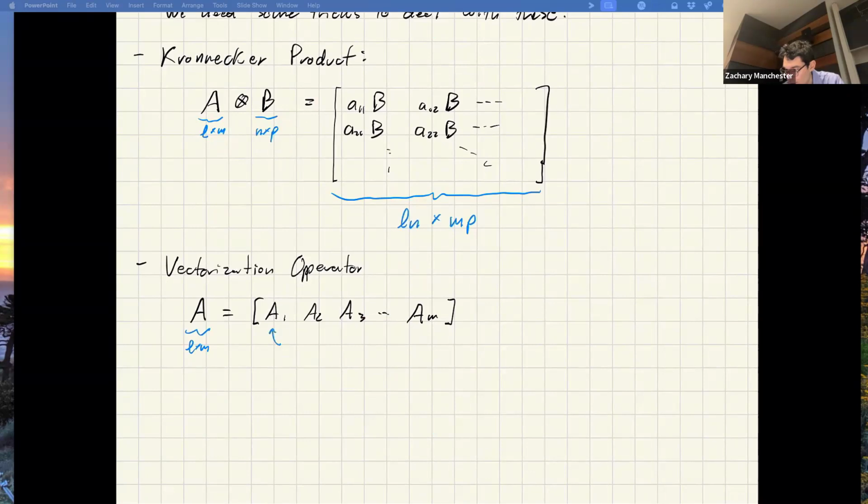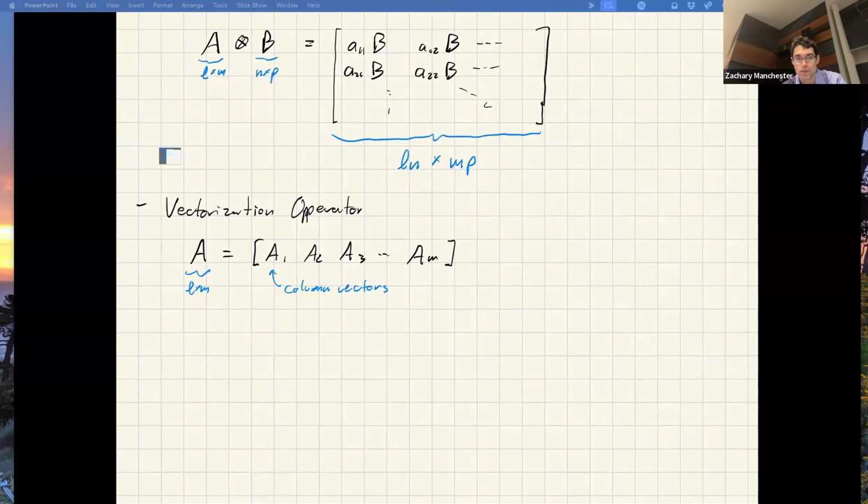These are the column vectors inside A. What this does, we're going to write as vec of A.